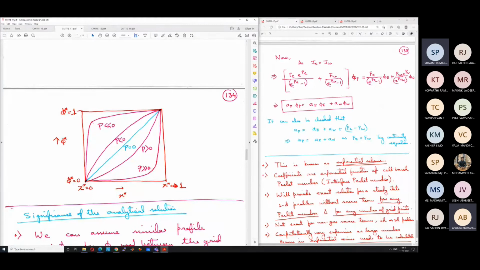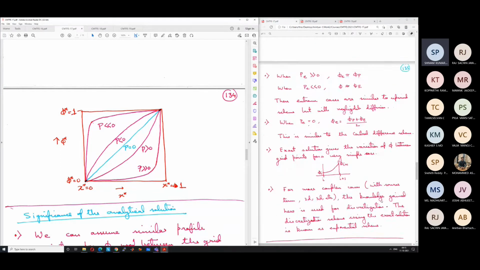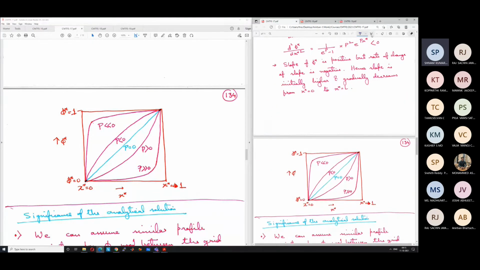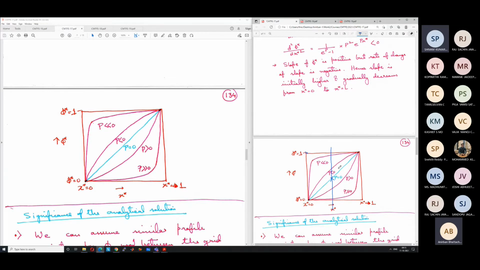So it is understood that the center point, say this point, let me open this here and draw, will have a value of phi which is half of this value and this value, because it is a straight line, because it's a diffusion problem.